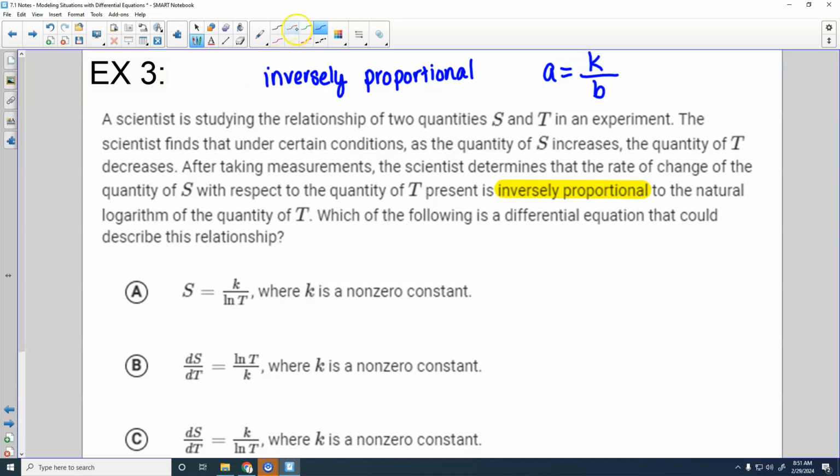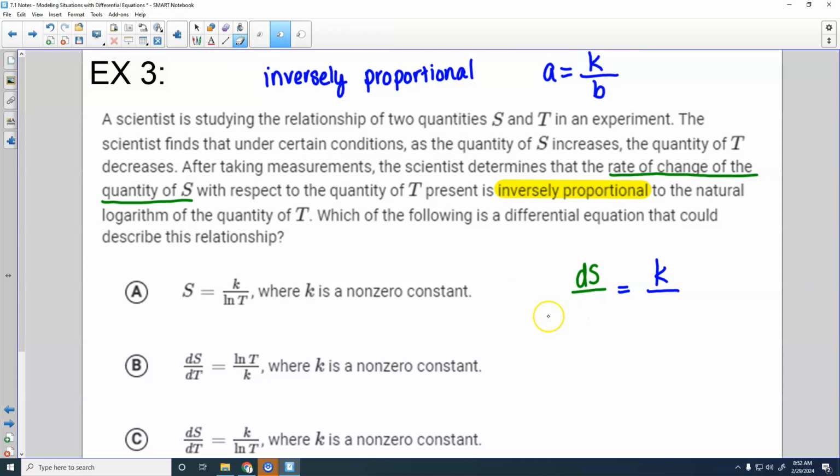So, after taking measurements, we determine that the rate of change of the quantity of S, what's that? That is dS/dT. It is going to equal K divided by, oh wait, is this dependent upon time? I've messed this up. It's not a lowercase t.